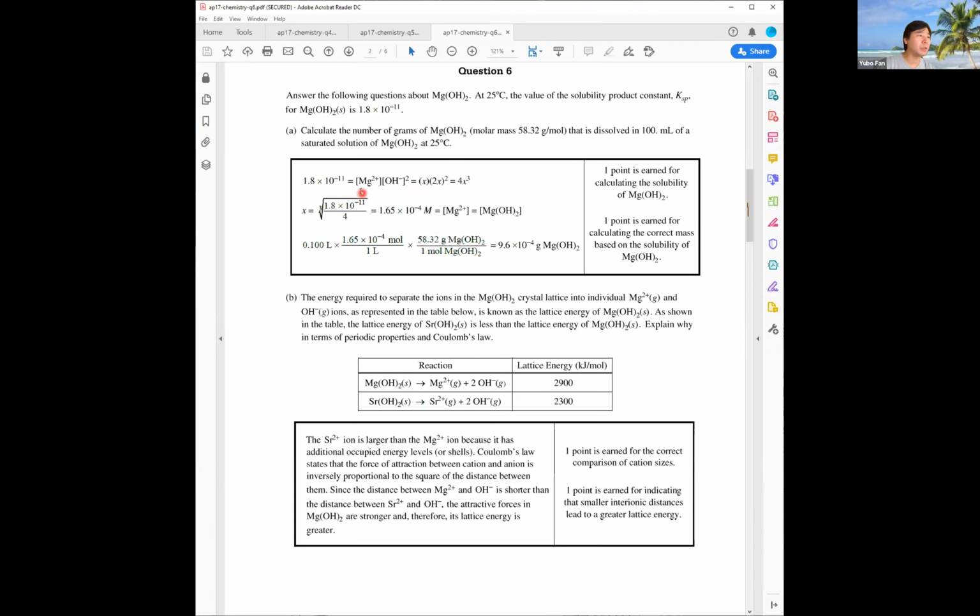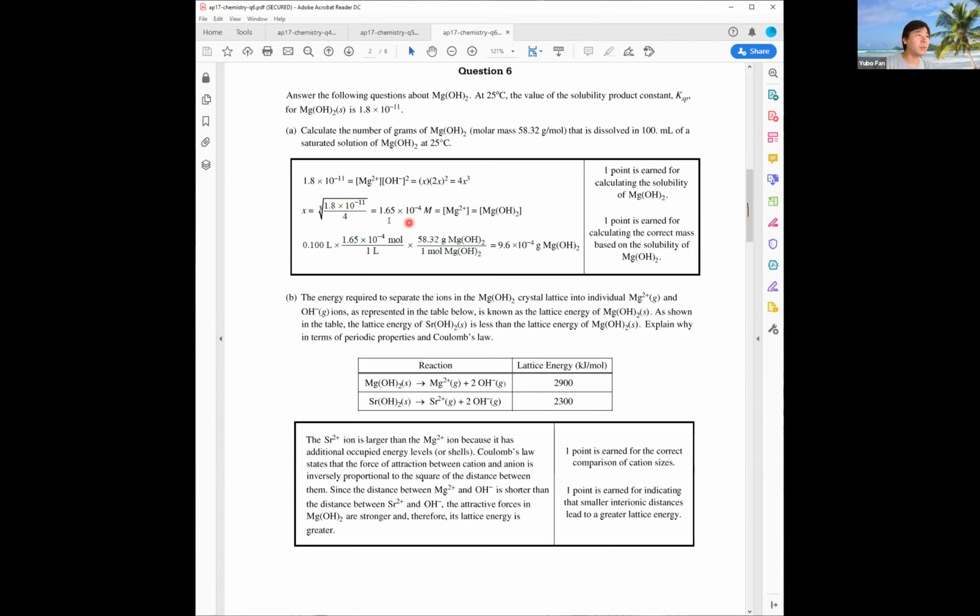If you write the ICE table, the magnesium is x, and the hydroxide is 2x squared. That's why we write x times (2x) squared, and we have 4x cubed. Then we can solve this equation.